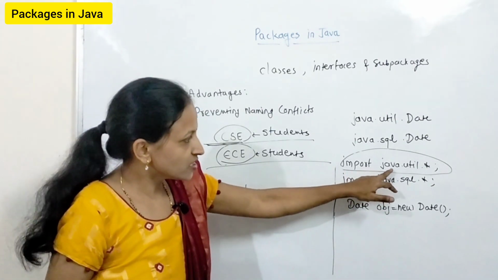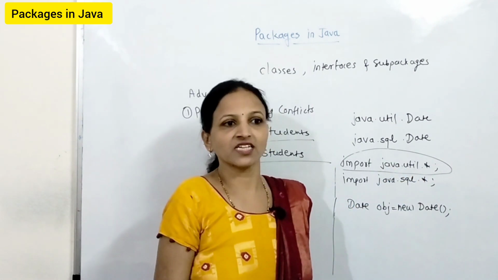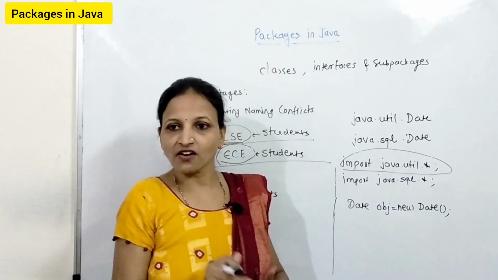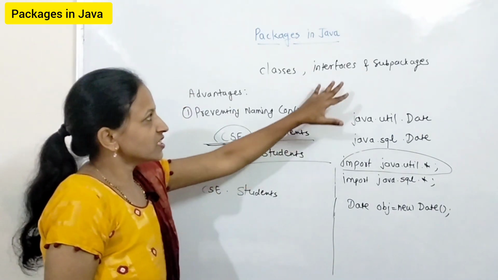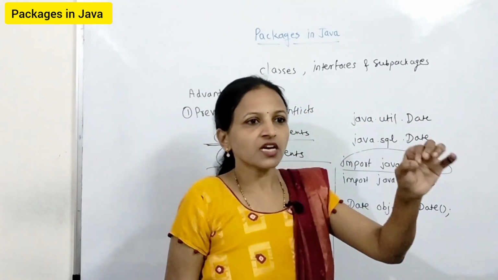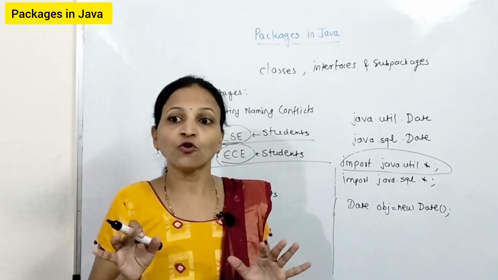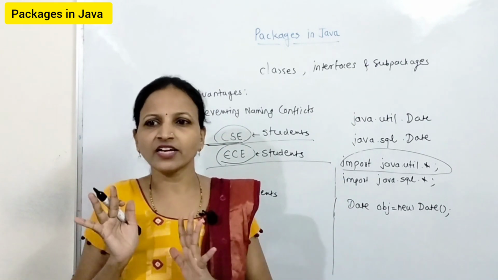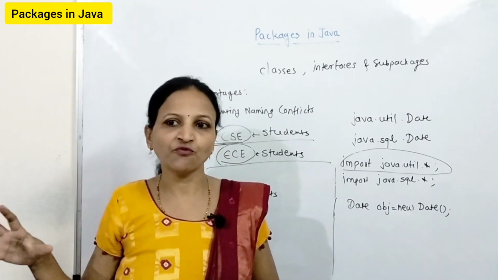Now see here again, this java is a main package and inside that util is actually a sub package. Getting? That java main package has all the internal sub packages. These packages are just like directories, means these are related to directories. Directories means folders. You know that folder and file concept. Means suppose you are creating one folder, inside that you can place multiple files.